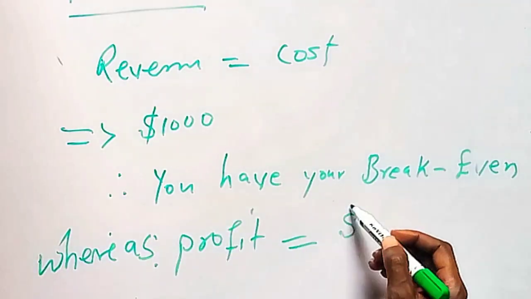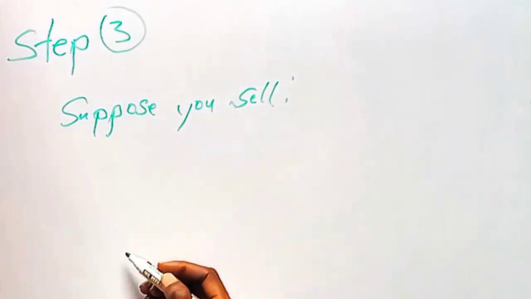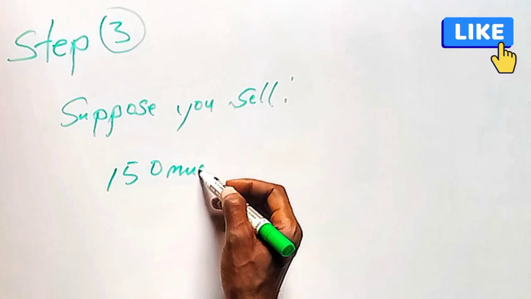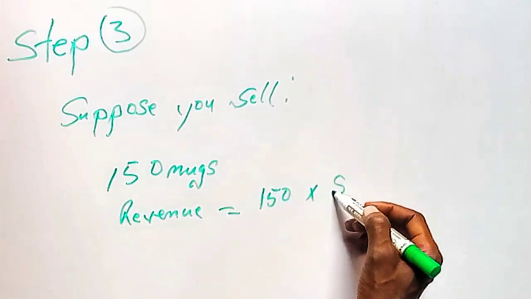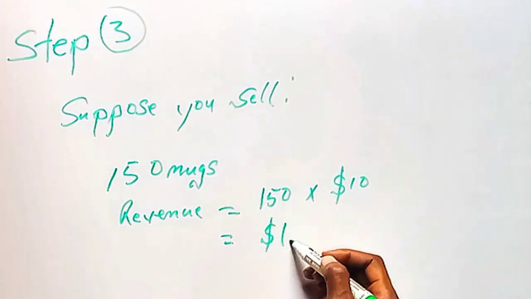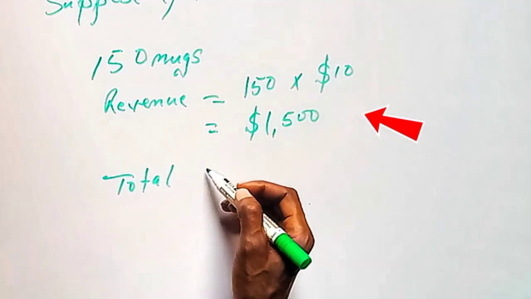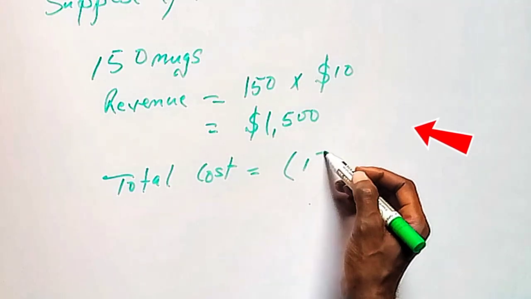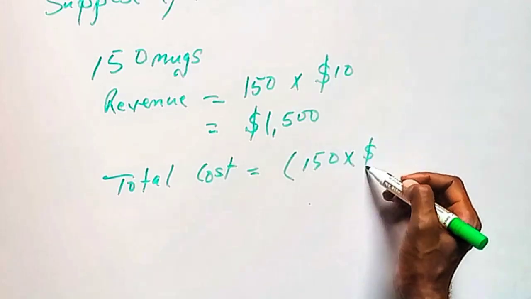With this, we move to step 3. Step 3 is what happens after break-even. Suppose you sell 150 mugs. Revenue will be equal to 150 times $10, which is equal to $1,500.